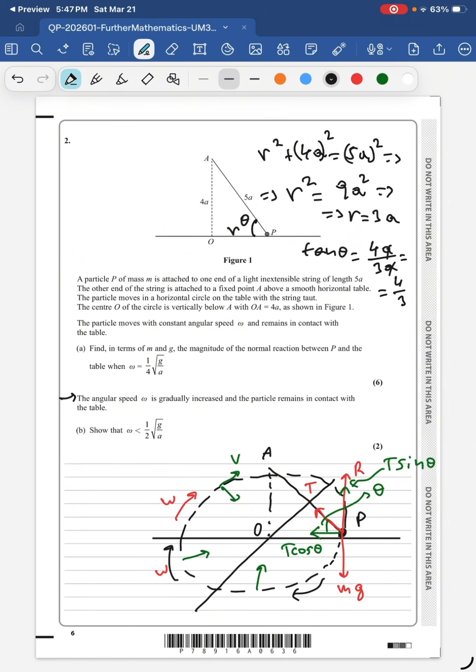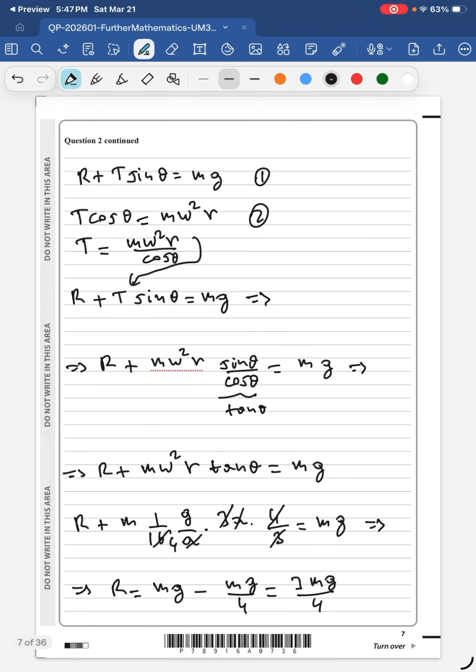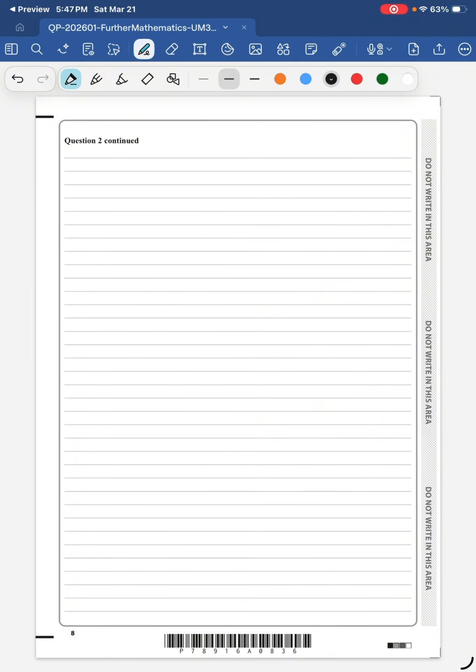Show that omega is less than 1/2 square root of g over a. So what they actually mean is that if omega goes beyond 1/2 times the square root of g over a, then the particle will lift itself like that. So it will go up. It will not touch the table anymore. So that's the key for the solution, actually.